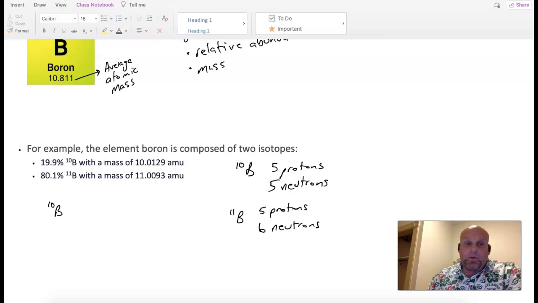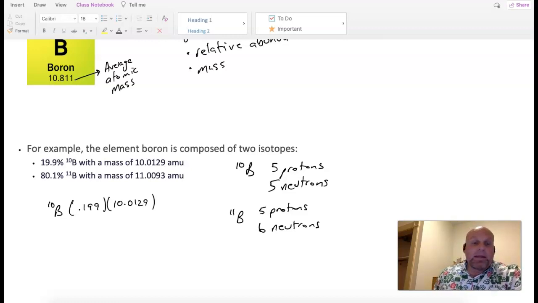What I'm going to do for every isotope I have, I'm going to take the relative abundance in decimal form and multiply it times the mass. Now, I would love to have this mass value because you can see the sig figs.